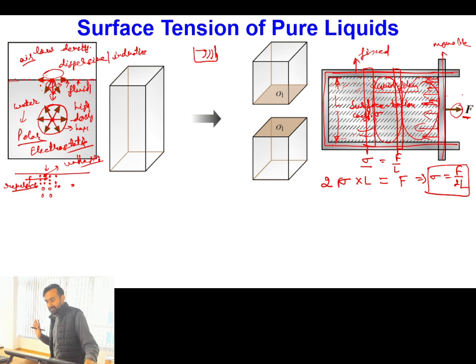This simple experiment shows that whenever a liquid or any other type of fluid is exposed to the surroundings of another fluid, the molecules of that fluid do not want to stay at the interface. The tendency of the molecules is always to come towards the bulk so that they can come into a stable condition.